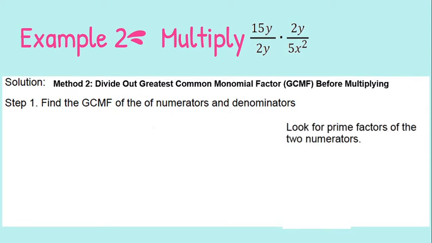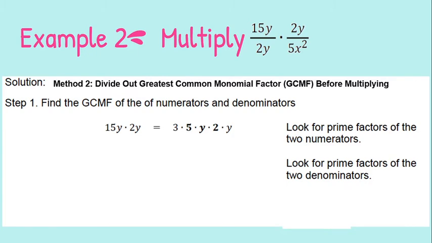Look for prime factors of the two numerators: for 15y and 2y, the prime factors are 3 times 5 times y times 2 times y. The prime factors for the two denominators, 2y and 5x squared, are 2 times y times 5 times x times x.